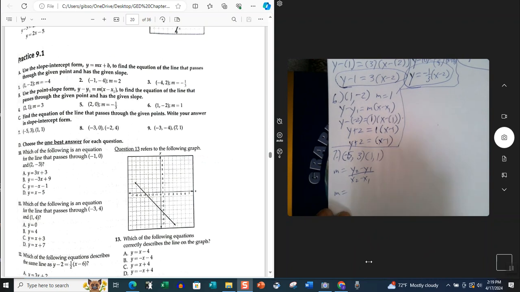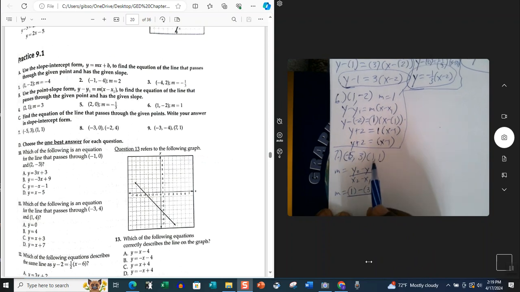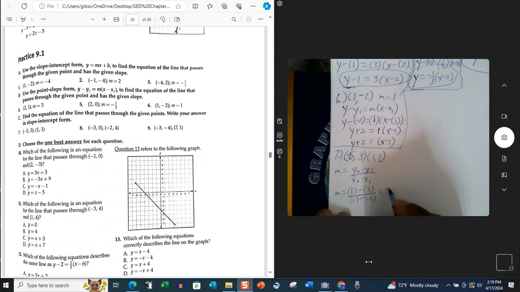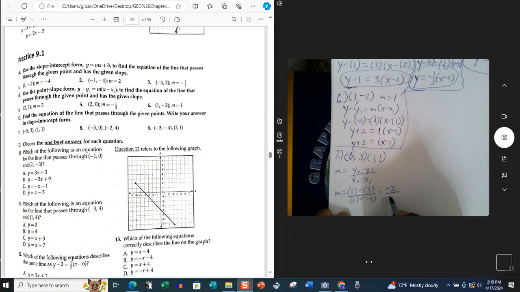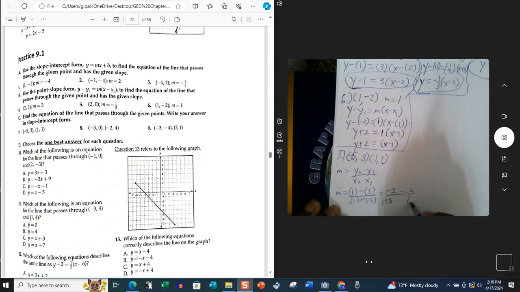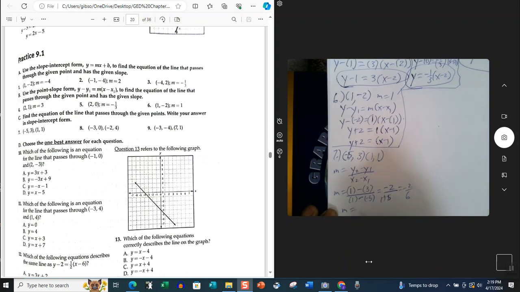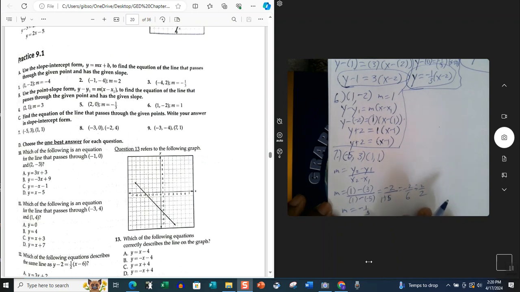So we have our slope. y sub 2 is 1 minus y sub 1, which is 3, all over x sub 2, which is 1, minus x sub 1, which is negative 5. So 1 minus 3 is negative 2. 1 minus a negative 5 we know becomes 1 plus 5, and we know that's 6. So this would be negative 2 over 6. And when we simplify that by dividing both by 2, that would give us a negative 1/3. So your slope here is a negative 1/3.